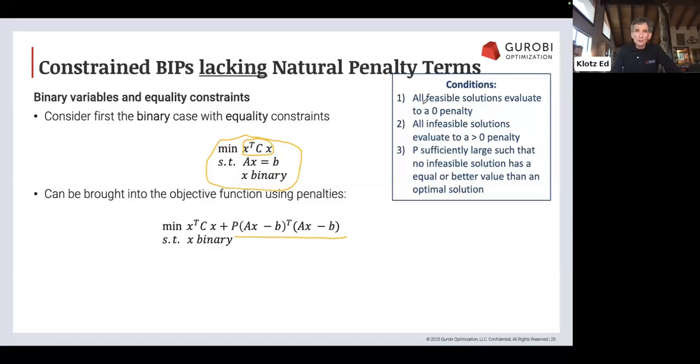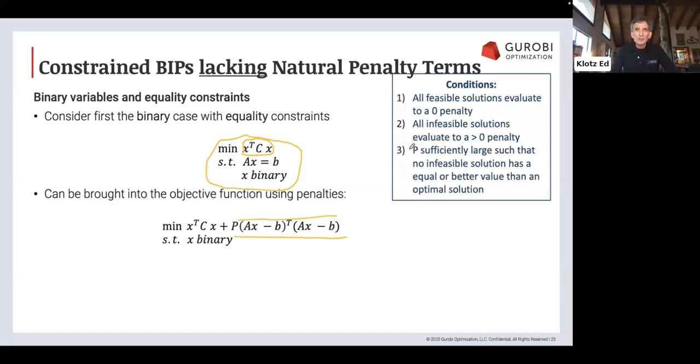So the first 2 conditions are easy. We can see for any non-zero penalty, if we satisfy these constraints, we pay no penalty. This term evaluates to 0. On the other hand, if we do have violations, we will pay a penalty. So conditions 1 and 2 are easy.